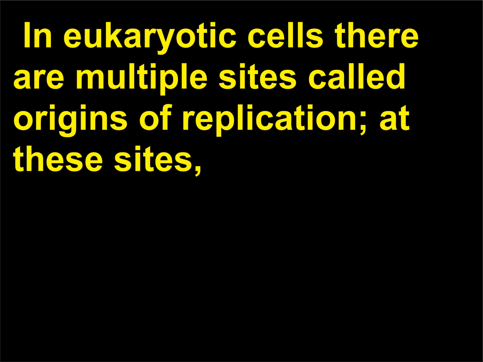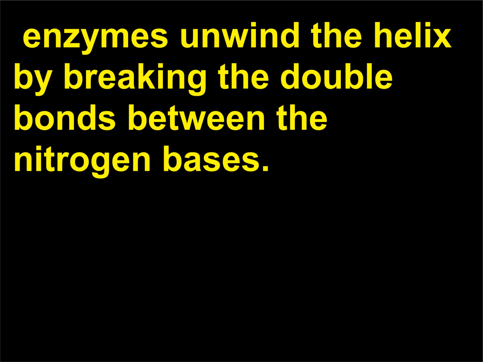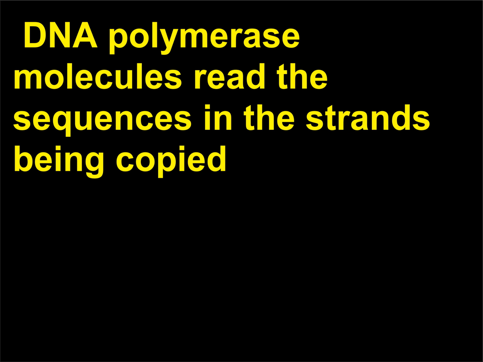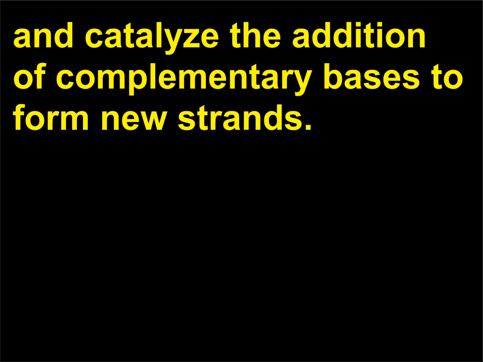At these sites, enzymes unwind the helix by breaking the hydrogen bonds between the nitrogen bases. Once the molecule is opened, separate strands are kept from rejoining by DNA stabilizing proteins. DNA polymerase molecules read the sequences in the strands being copied and catalyze the addition of complementary bases to form new strands.